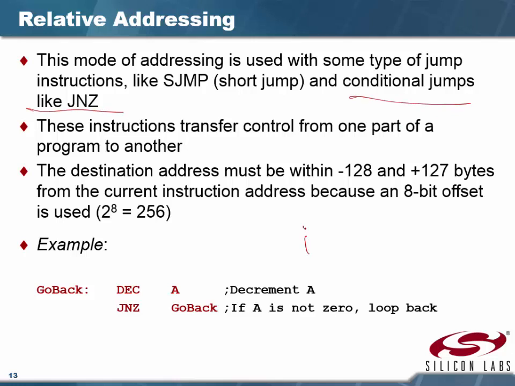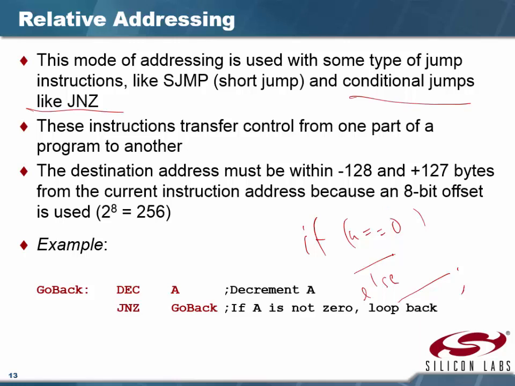In C, you would use if A equals 0, you do something else. Right? Everybody remember something looks like that in C? Well, that's what the jump 0 command does. If A equals 0, then we jump to the else. Otherwise, we do this. Right there.